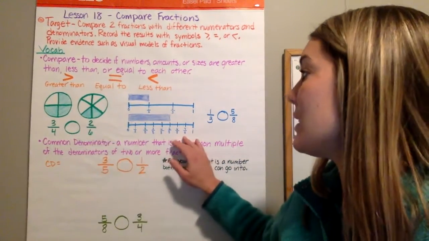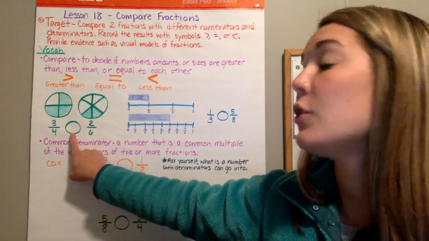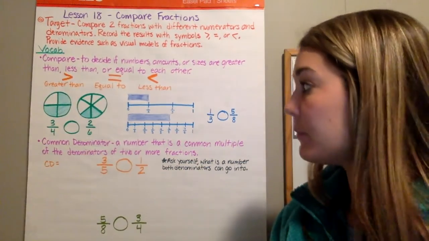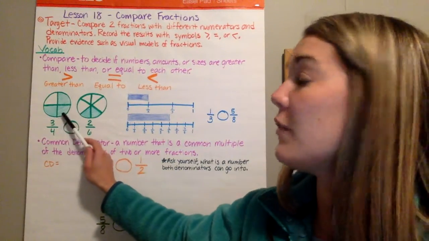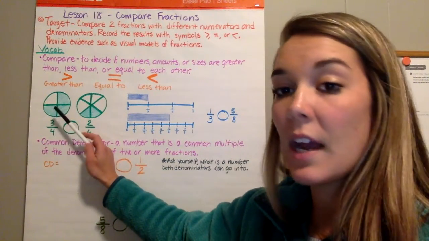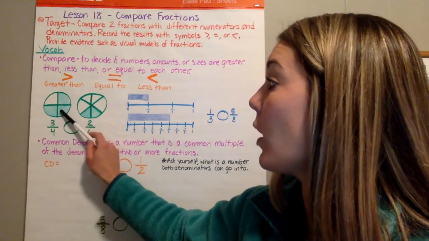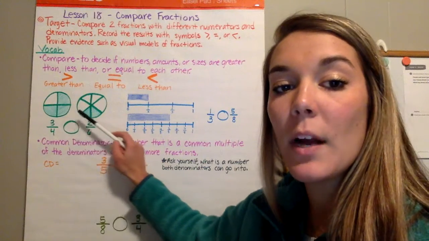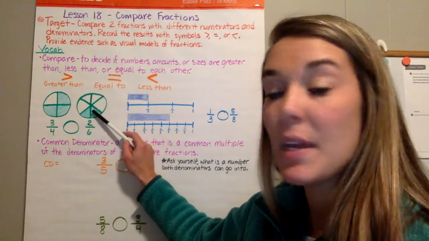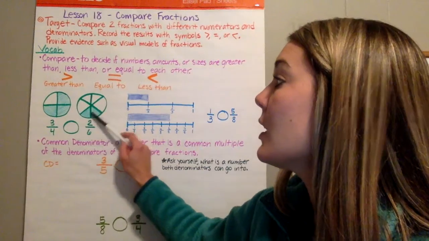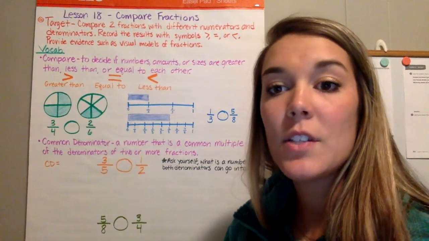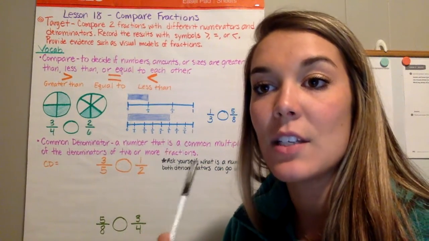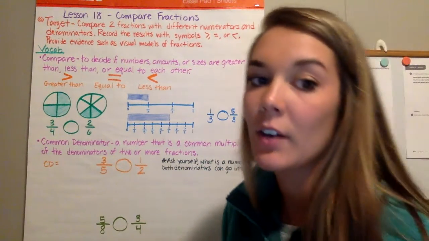So let's take a look at some of these examples, and we're going to use a symbol to compare the fractions, okay? So here, we're comparing 3/4 because I can see that I have 4 equal parts, 1, 2, 3, 4, and 3 of them are shaded, right? And then we're comparing 2/6 because I have 6 equal parts, 2 of them are shaded. So we are going to do this visually by looking at the fractions and determining which one is greater than or less than.